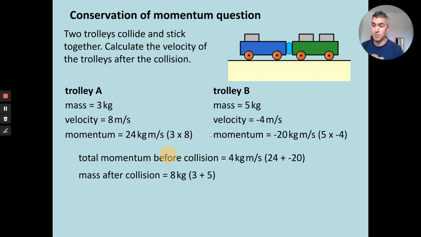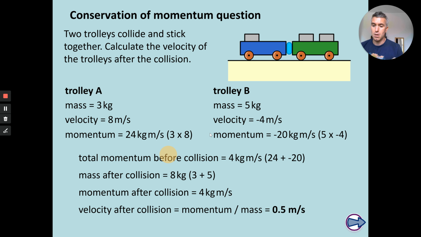They have more mass. 3 kilograms plus 5 kilograms gives us 8 kilograms. And now we have everything we need. Momentum is 4. The mass is 8. So 4 divided by 8 gives us a new speed of 0.5 meters per second, positive.